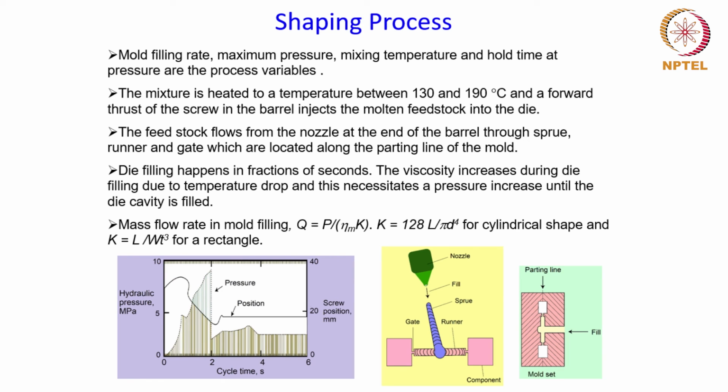And in this, as far as the mold filling is concerned, the two main parameters are the temperature and the pressure, because pressure makes sure that the mold is filled, the powder is pushed into the mold cavity and it is completely filled, and temperature on the other hand controls the viscosity of the powder binder mixture.